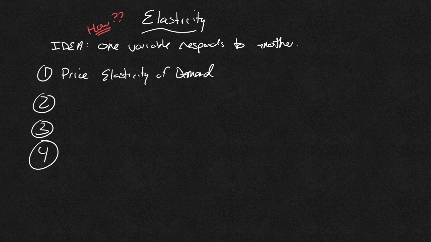Now, what exactly is the price elasticity of demand? Well, the price elasticity of demand is asking the question, how does quantity demanded, denoted as QD, respond to a change in price?